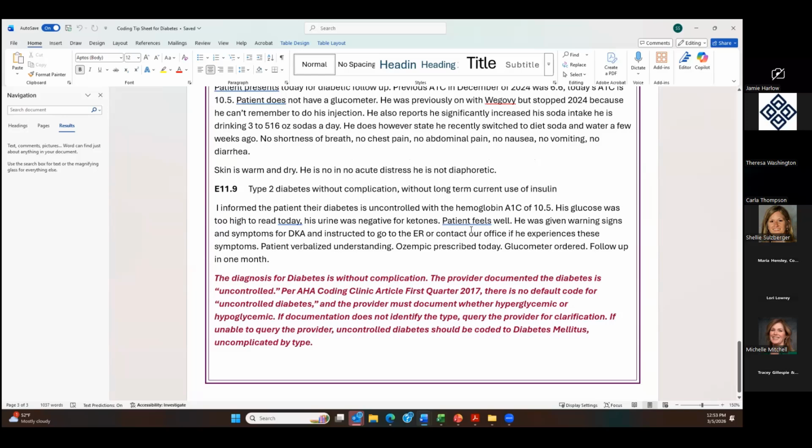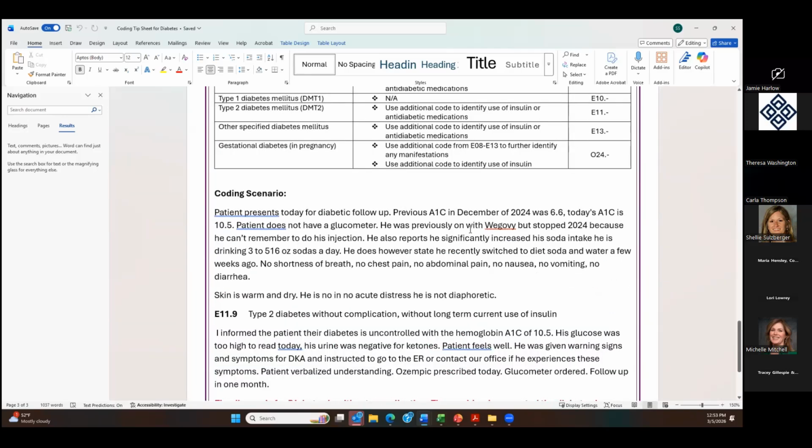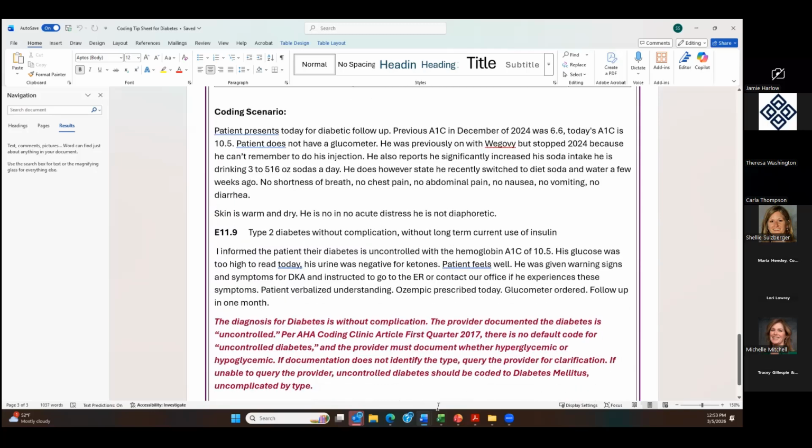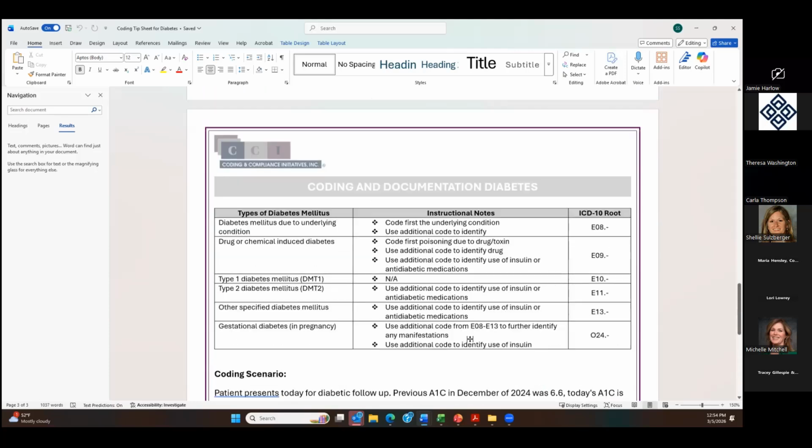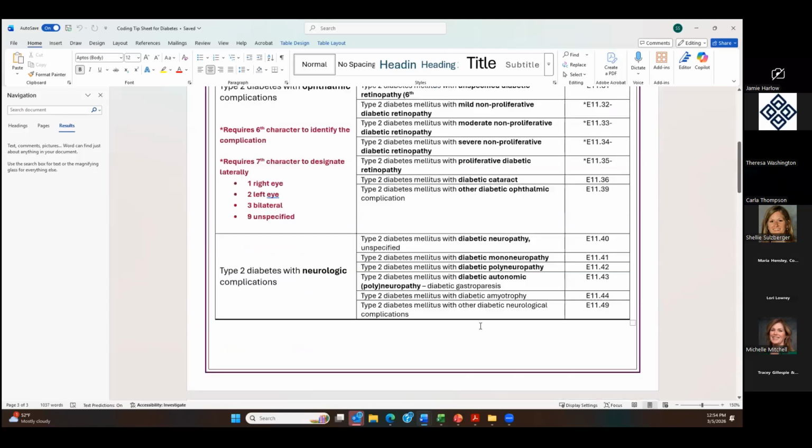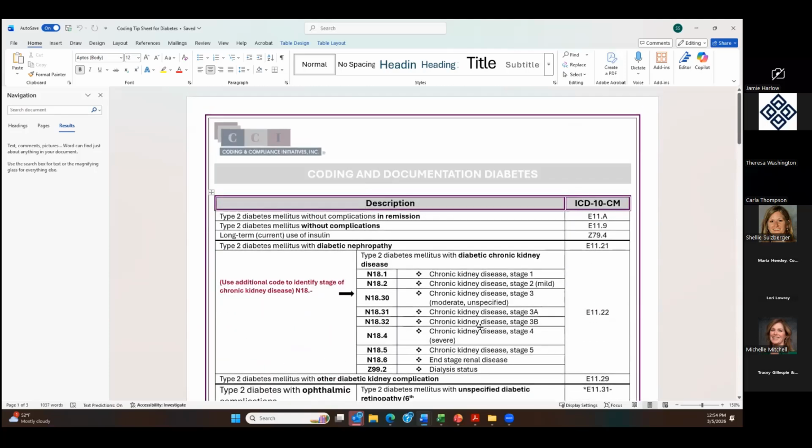So this will also just give you a quick look at, hey, what would my scenario from a documentation perspective look like? And how did I code it? Did I code it correctly or not? And then some other tips there. So you'll get this for every diagnosis that we discuss during the trainings.